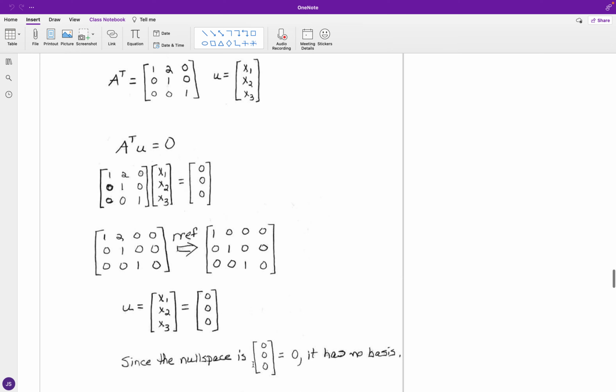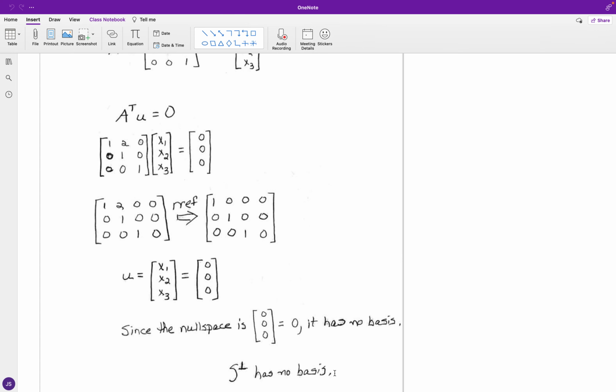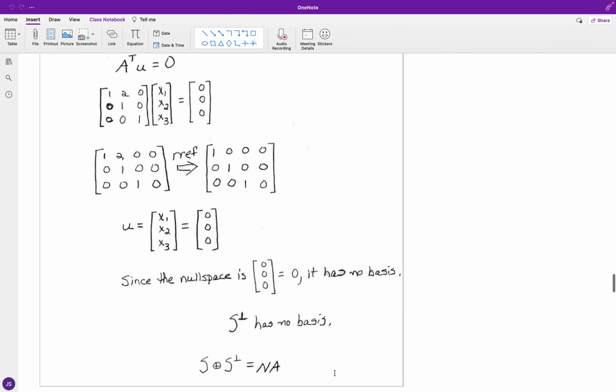Since the null space, which would otherwise be the orthogonal complement, is 0, it has no basis whatsoever. So in effect, the orthogonal complement has no basis, and the sum between the subspace and what would have been the orthogonal complement is not even applicable.